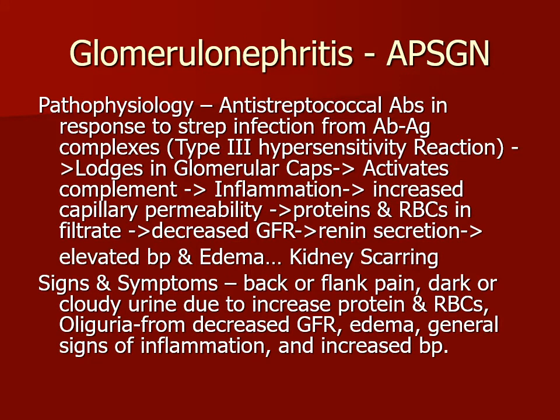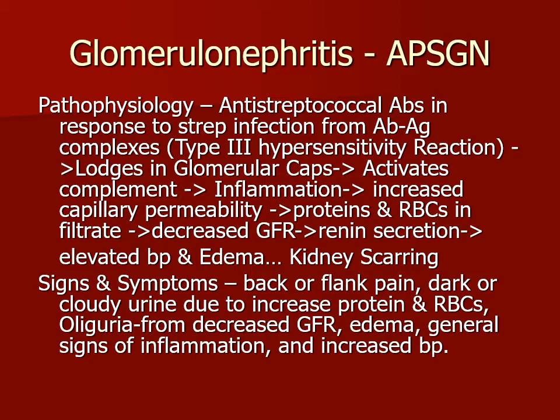The pathophysiology: anti-streptococcal antibodies, in response to strep infection, form antibody-antigen complexes. This is a type 3 hypersensitivity reaction, and if you remember from A&P, that's where you have antibody-antigen complexes that deposit in tissues. These complexes lodge in the glomerular capillaries, and they activate complement.